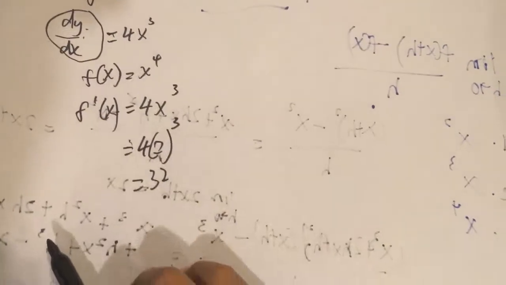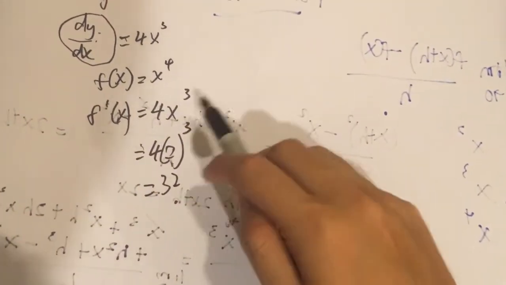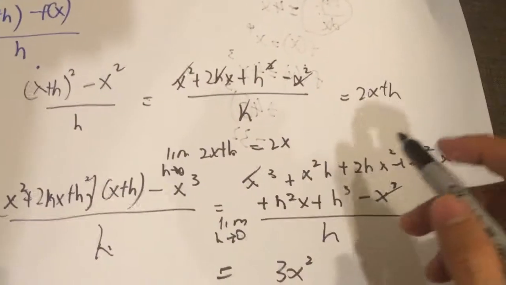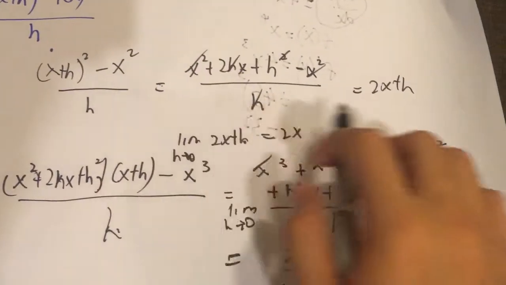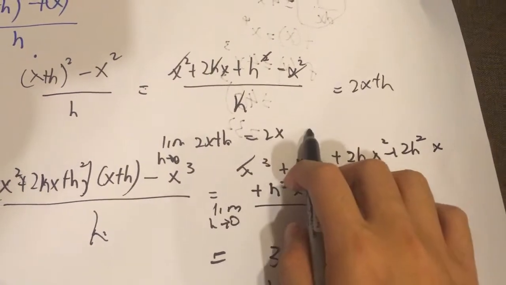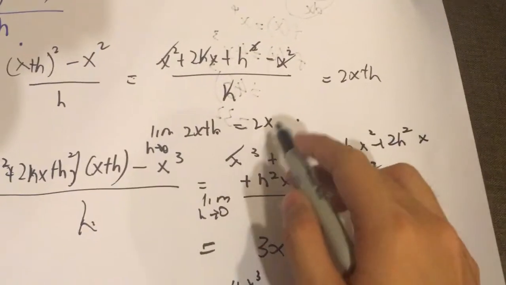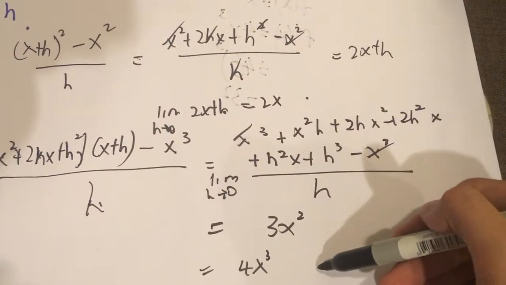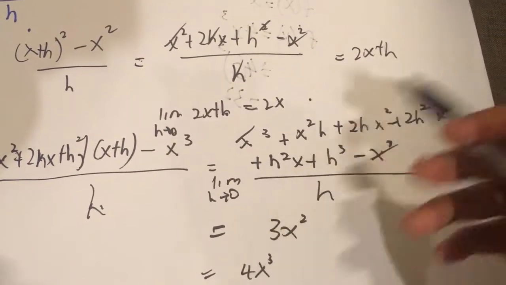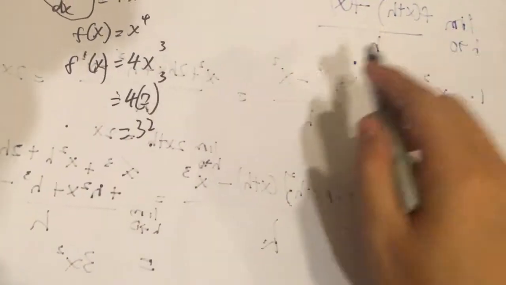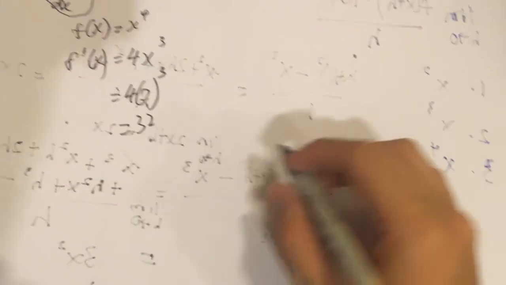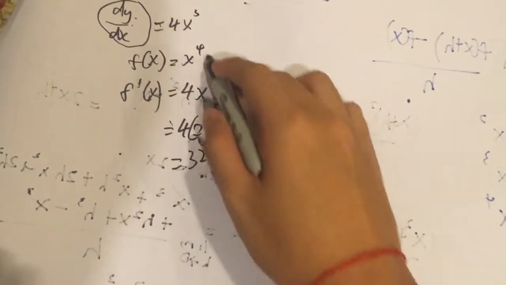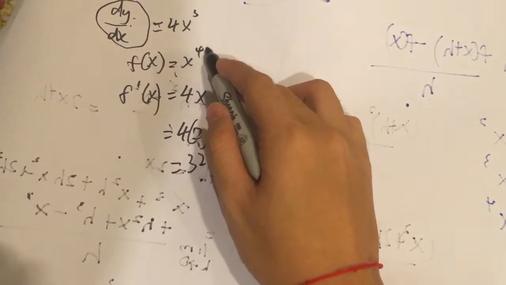Now notice what first principles gives us: for x squared we get 2x, for x cubed we get 3x squared, and for x to the fourth we get 4x cubed. What you notice here is that the power is brought down, and the power is reduced by 1.